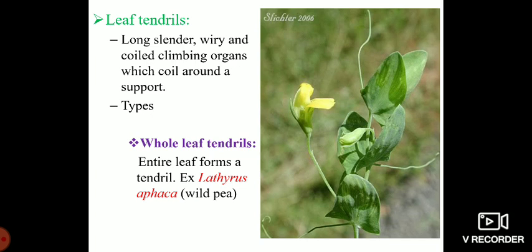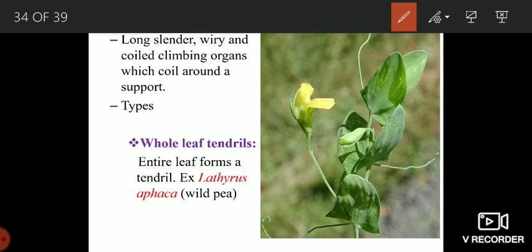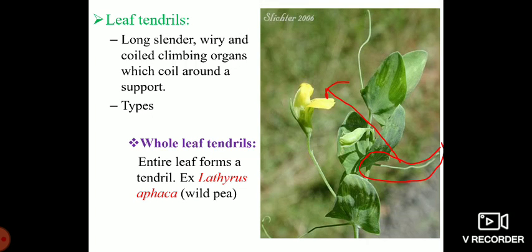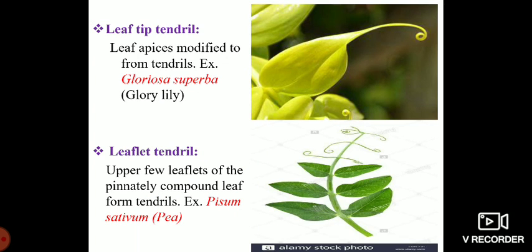Example is Lathyrus aphaca, which is commonly known as wild pea. Here you can see in the image, this tendril has formed from a whole leaf. Now the second type is leaf tip tendril.